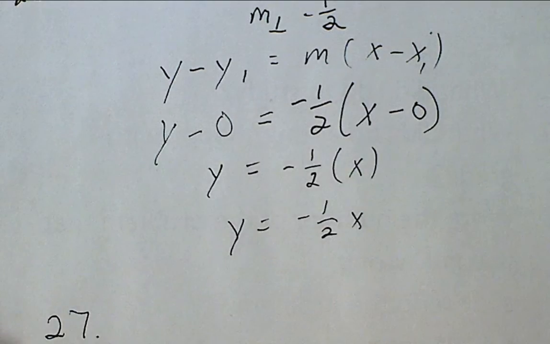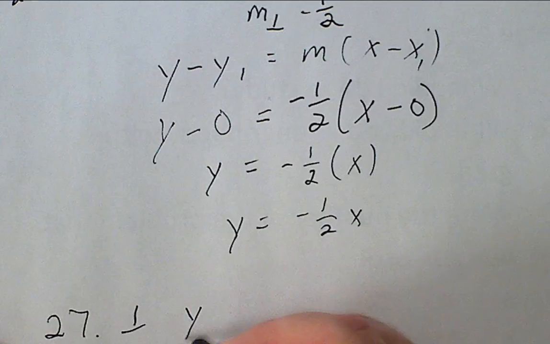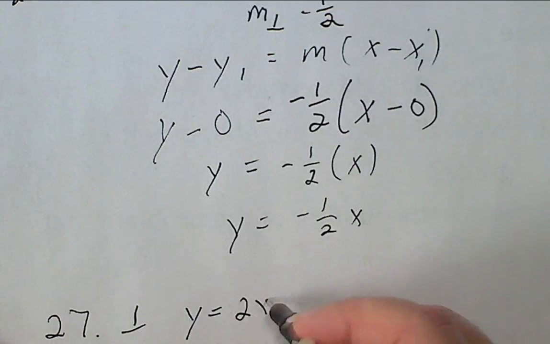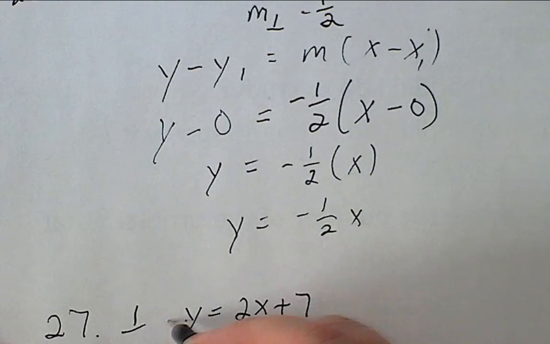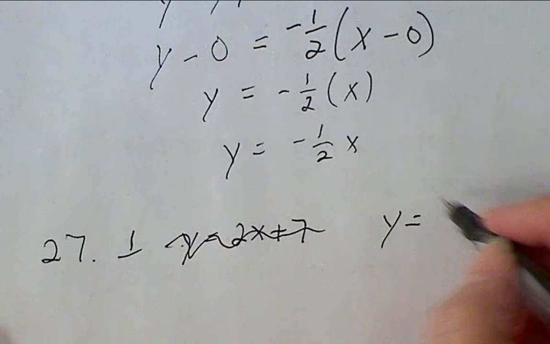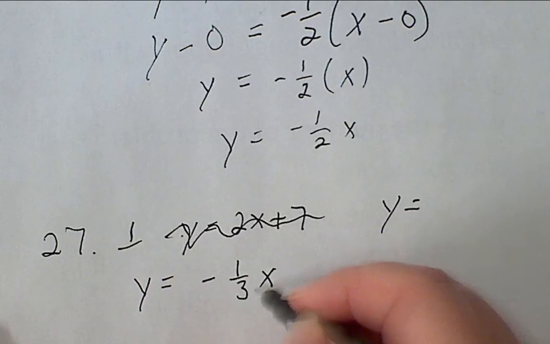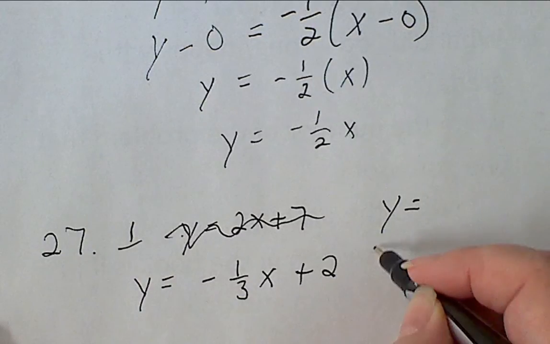27, you guys asked, it says, what's the perpendicular line through y equals 2x plus 7, oops, that's the one I just did, sorry. 27, y equals a negative 1/3 x plus 2 through the point 4, 2.